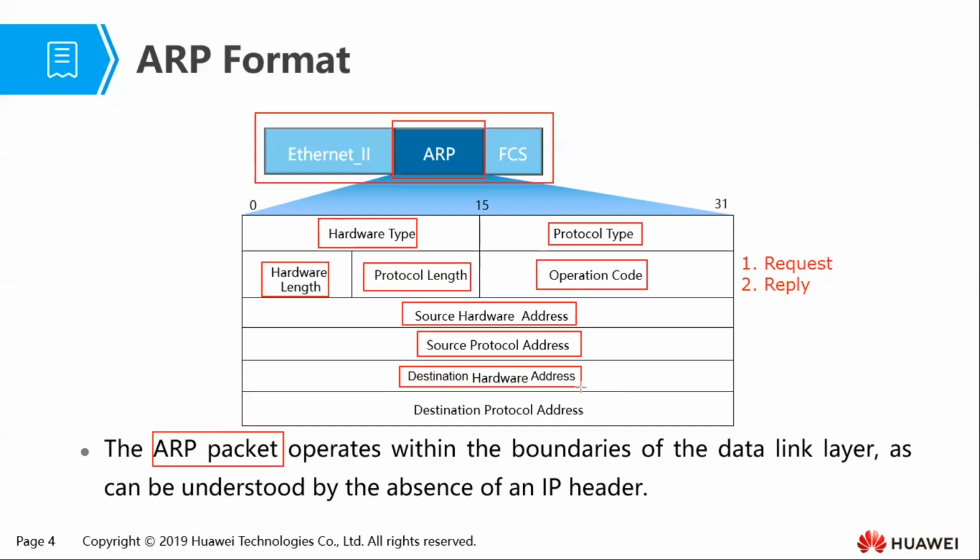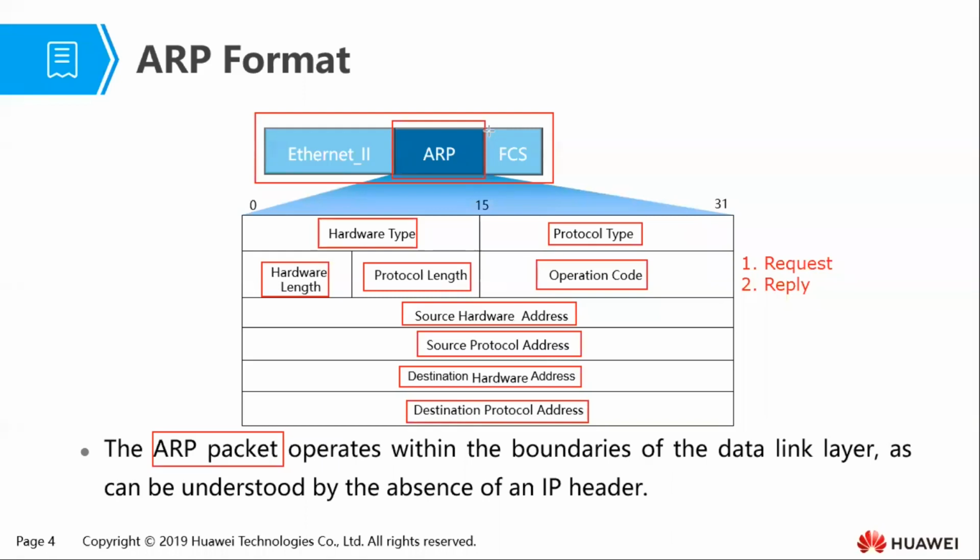So we don't have it. We don't have the hardware address, the MAC address of host B. Destination protocol address is the IP address of host B. We have it.